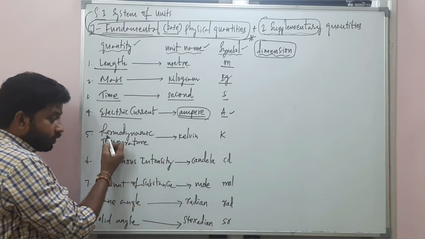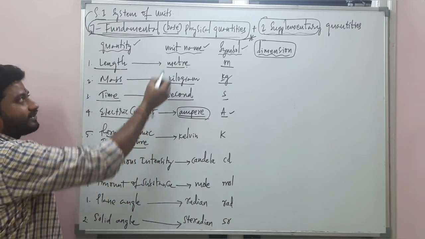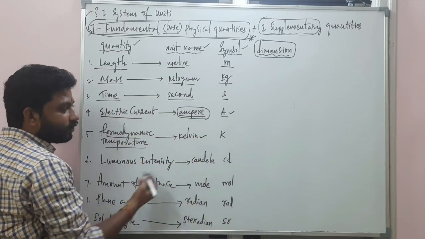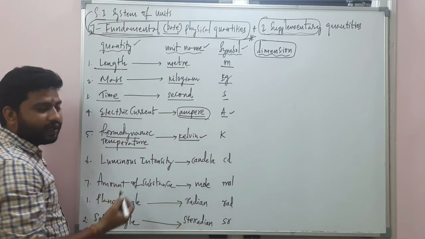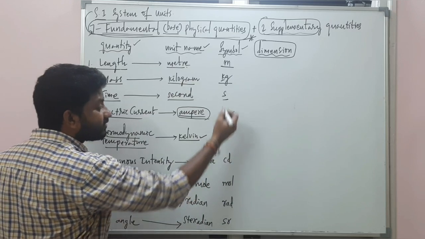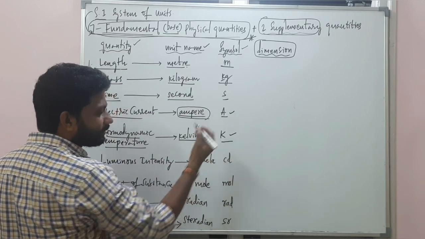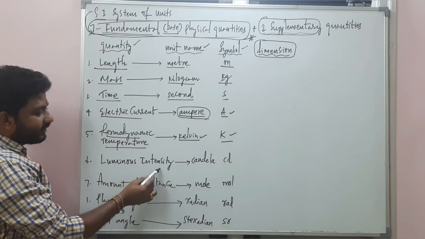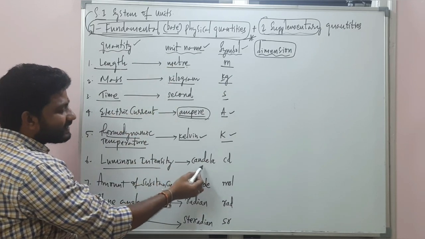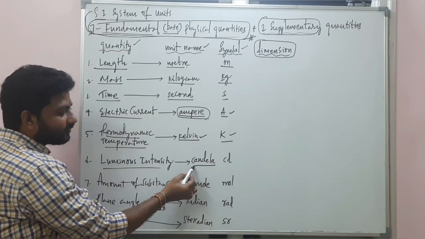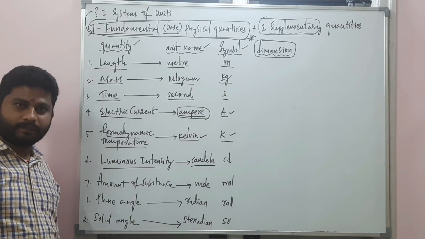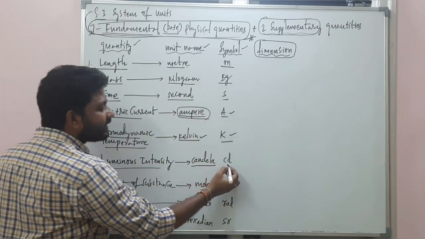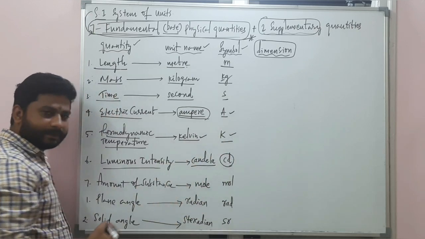Let me come back. Thermodynamic temperature, its unit name is kelvin, and you can see I have started with a small letter k, and the unit symbol is capital K. Luminous intensity, its unit name is, see here, candela. Symbol is cd.